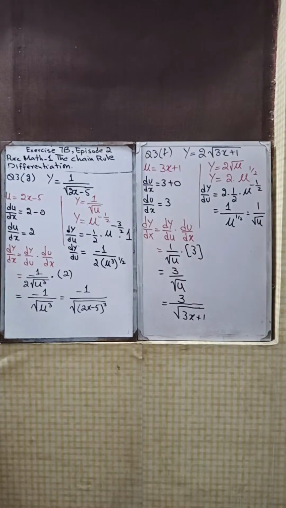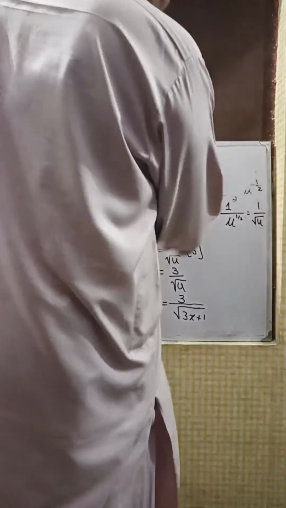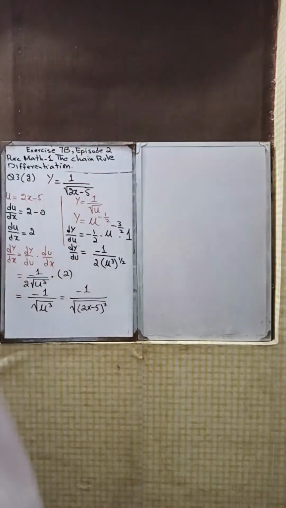So let's solve the next one, question number 3, its H part. We are on question number 3, H part. Okay, so we are going to write question number 3, H part, here.